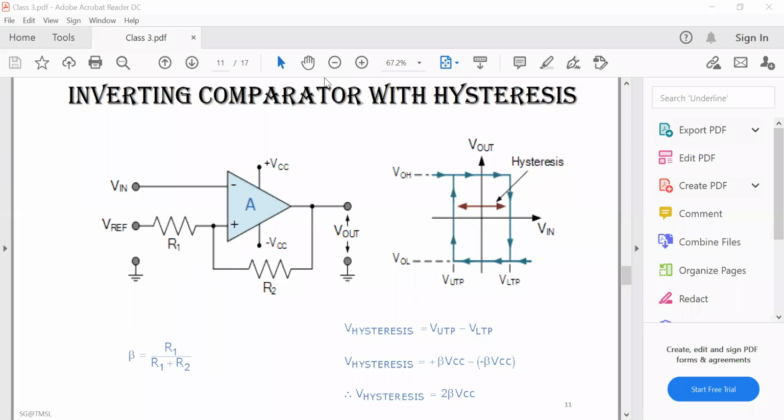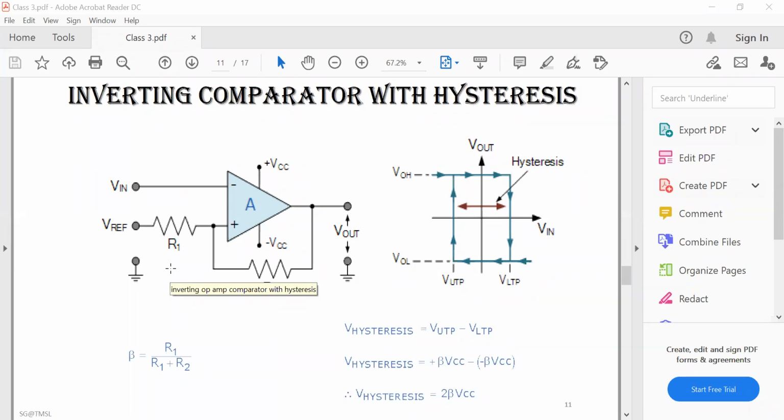So this difference, this upper and lower difference, creates a second trip point voltage, which is created because a negative voltage now appears at the non-inverting input, equal to beta into VCC when it is at the lower level, but in minus form.